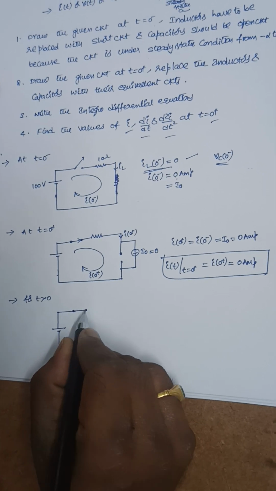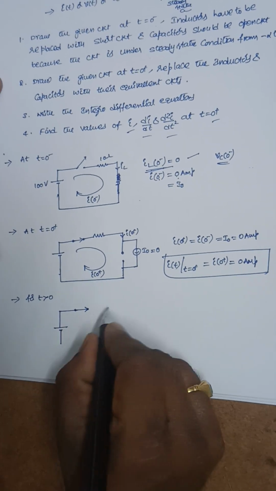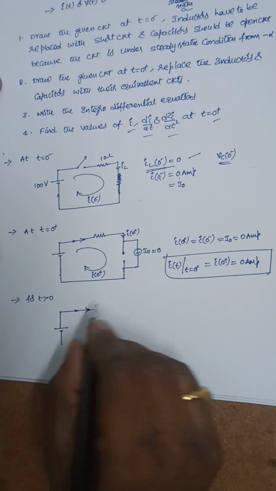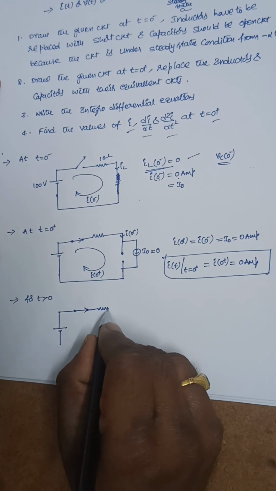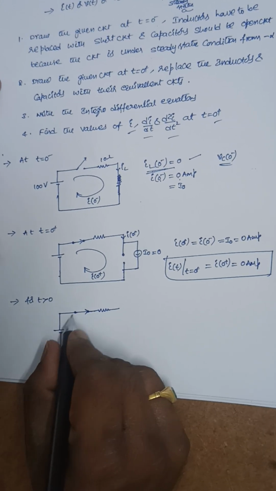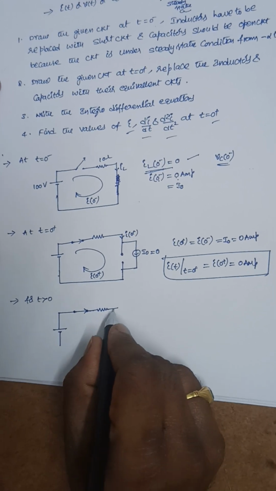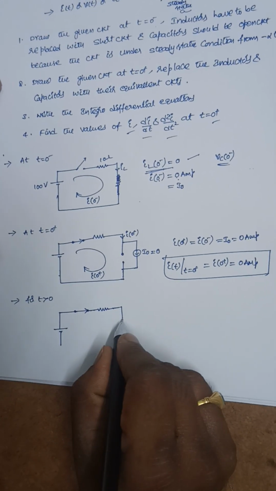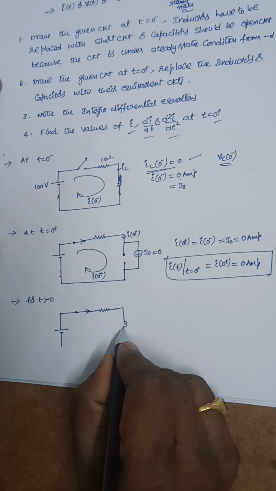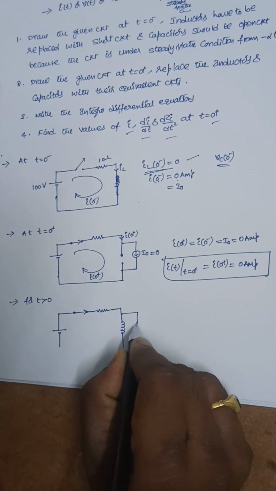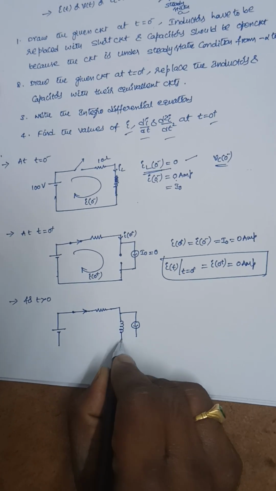For t greater than 0 means the switching action is done after t is equal to 0. Here after t is equal to 0, the switch is closed. Now replace this inductor with its equivalent circuit, like this.